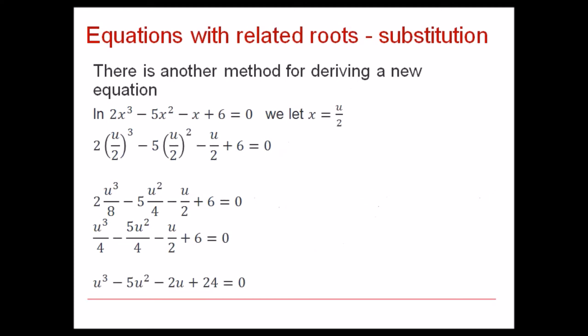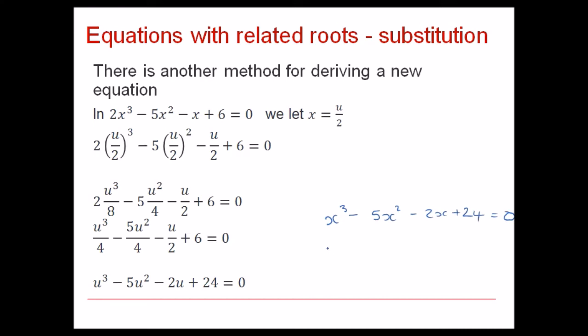We would probably then write this new equation using x again. x cubed minus 5x squared minus 2x plus 24 equals 0.